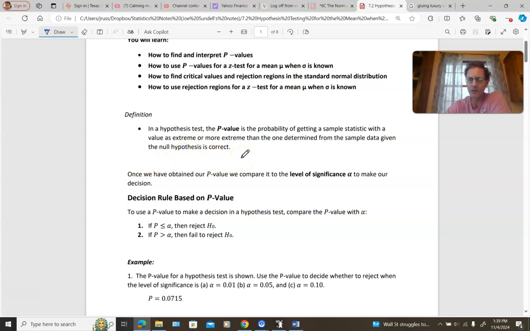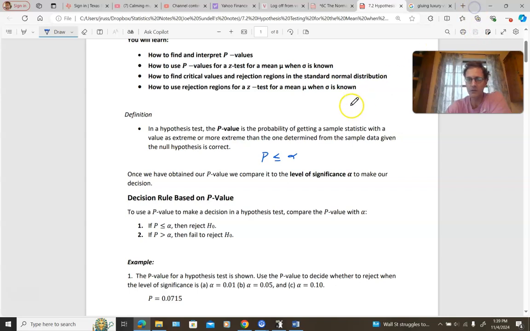I'll draw some figures here in a minute. It says once we've determined our p-value, we compare it to the level of significance to make our decision. And if you guys remember, if our p-value is less than or equal to alpha, then we reject the null hypothesis, okay? Now, if the p-value is larger than alpha, then we fail to reject.